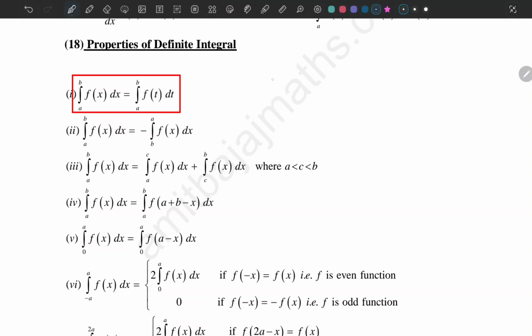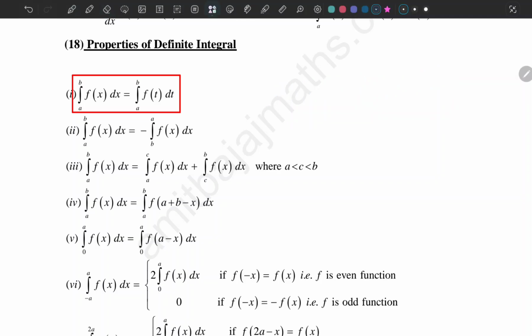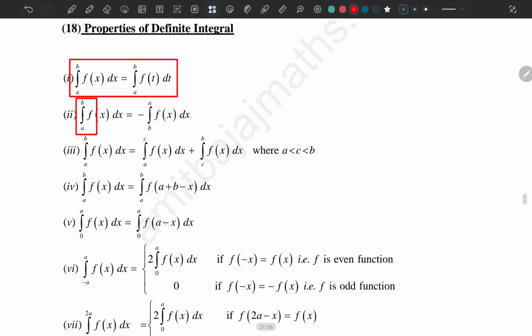Although if we talk about the indefinite integral, that cannot be equal to the integral of f of t dt. Please be careful about that. There are a lot of misconceptions about this. And then the integral from a to b of f of x is minus the integral from b to a of f of x dx.